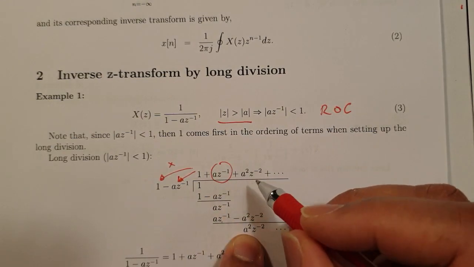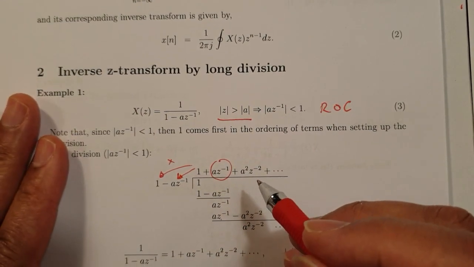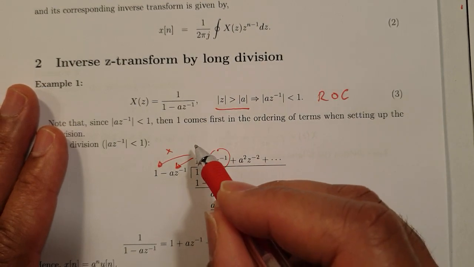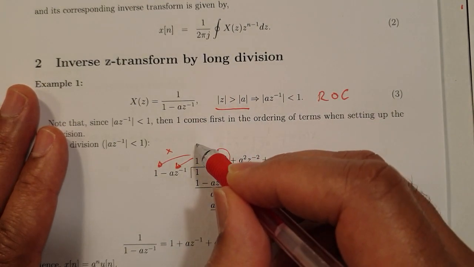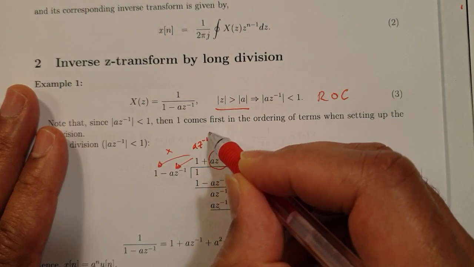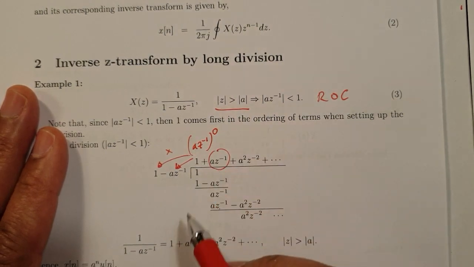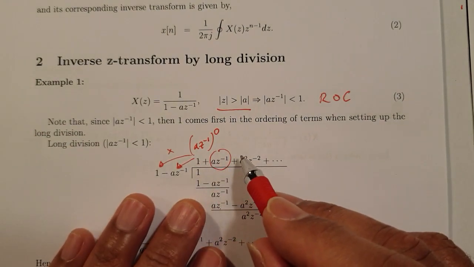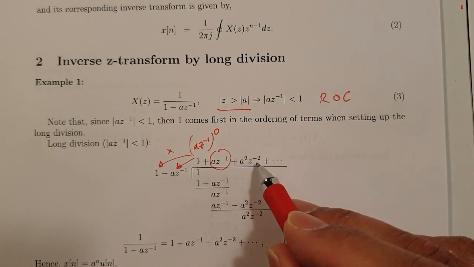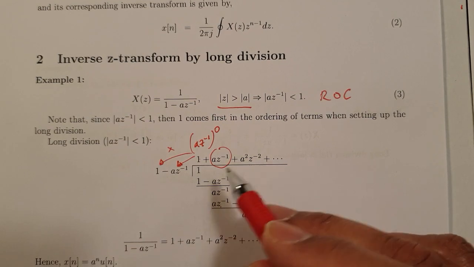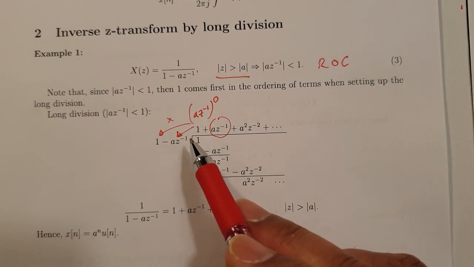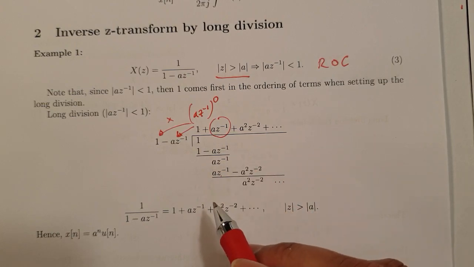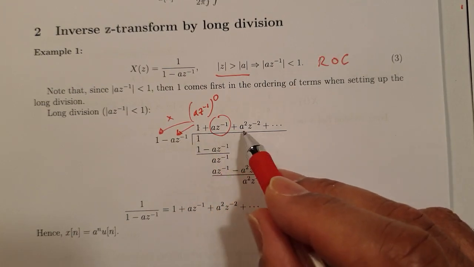But this is enough to see the pattern that we are starting at 0. So this should be some a z to the minus 1 to the power of 0, which will give us 1, right? And then we would have this pattern repeating here. The inverse transform that we are looking for is exactly the coefficients that are multiplying z, but it's important that we know where they are located.